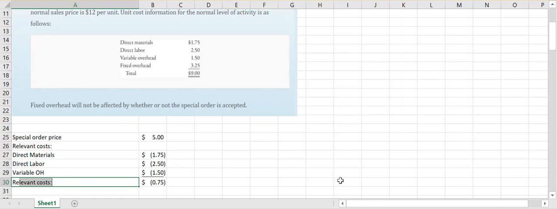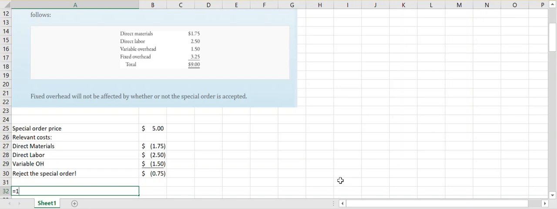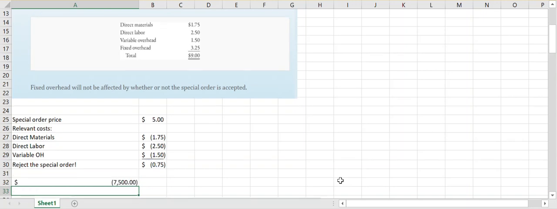So we would want to reject the special order because they're asking to buy 10,000 units, and we would lose 75 cents on each one of those, which means that it would have a negative impact on our operating income. So it would reduce our operating income by $7,500.